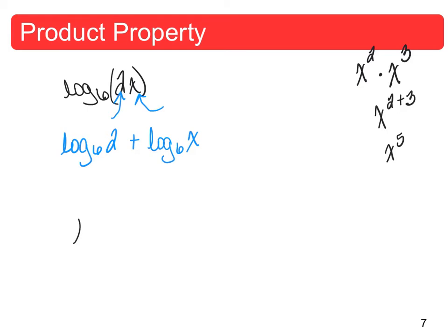We have to keep our base. Whatever base we start with, that's the base we have to continue with. So this is the natural log of x, y. So this x and this y are being multiplied together. So I have the natural log of x plus the natural log of y.